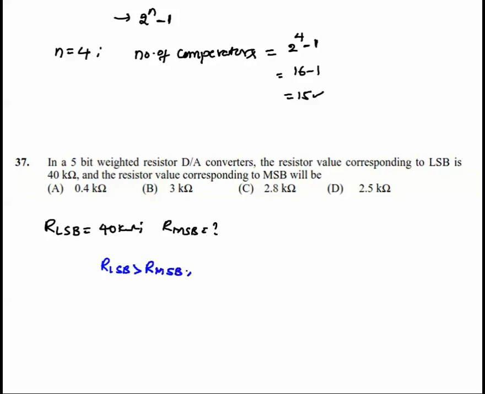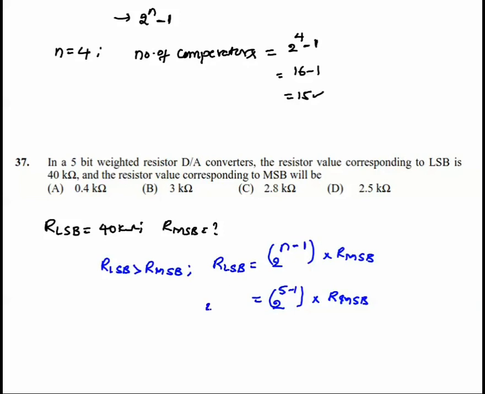This is a hint to remember. So RLSB is equal to 2 power n minus 1 into RMSB. Here n is 5, so 2 power 5 minus 1 into RMSB.